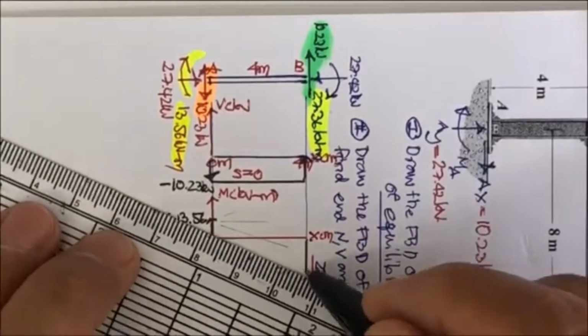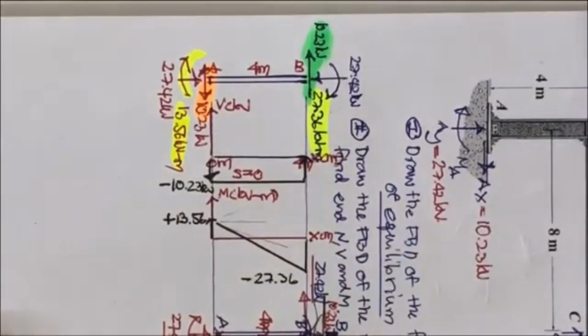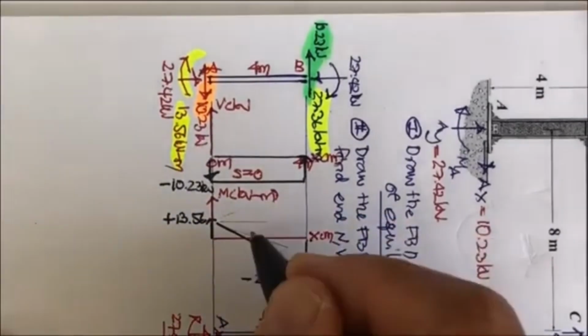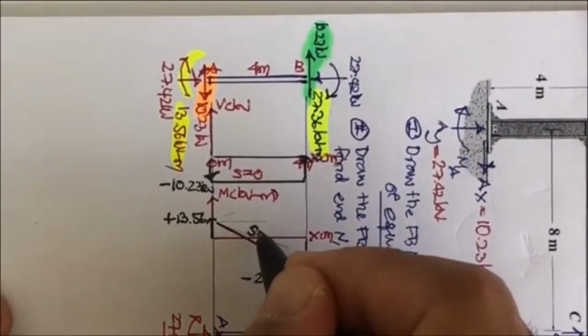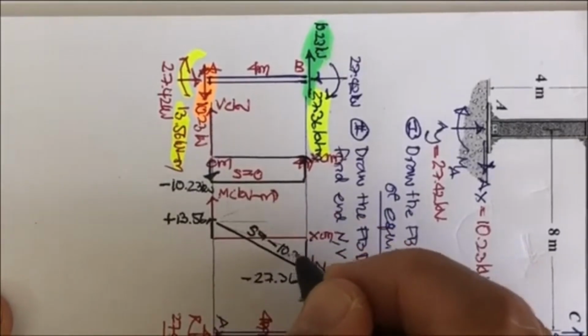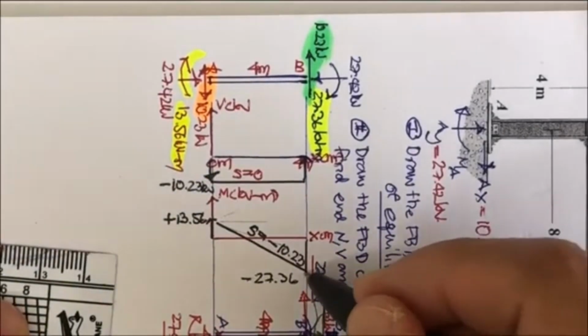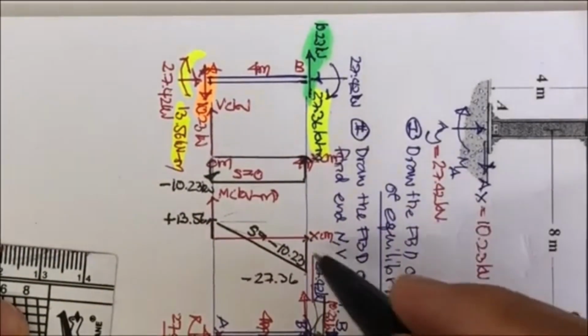You don't need to put the unit there because the unit is already here. And what you get is the shear here is equal to what? Equal to minus what? 10.23.